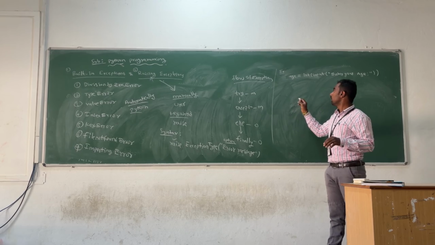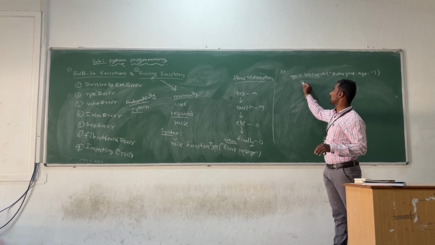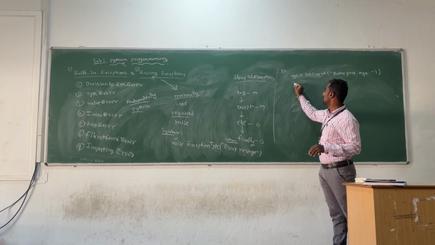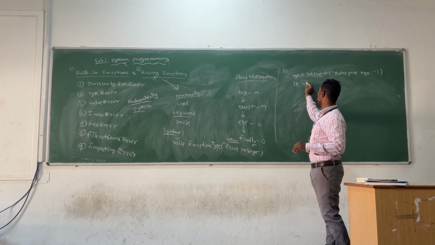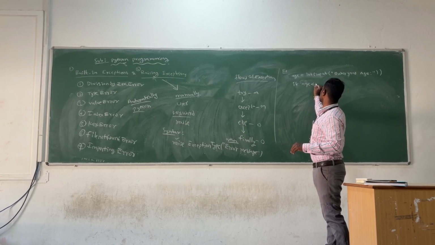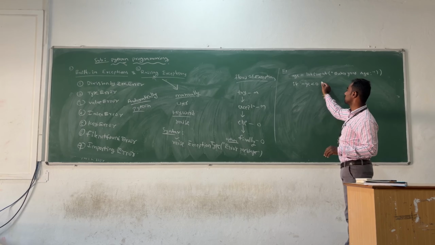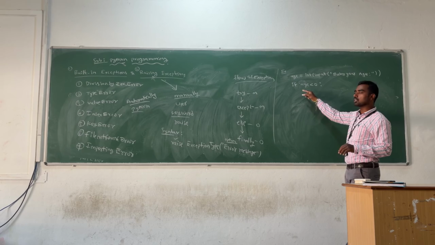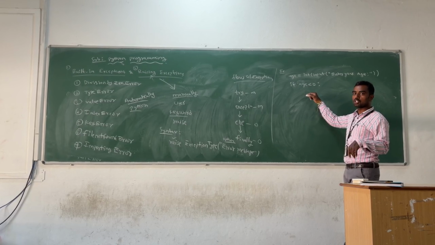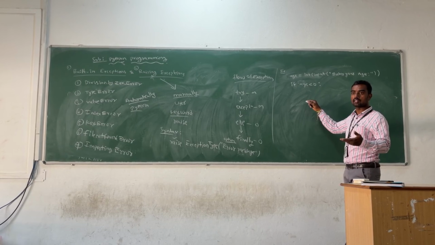In this condition, for the negative situation: if age less than 0. Whenever the age is less than 0, meaning age is negative, I should generate the error.